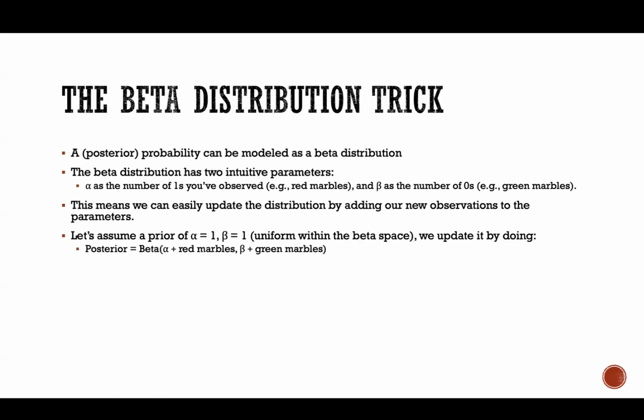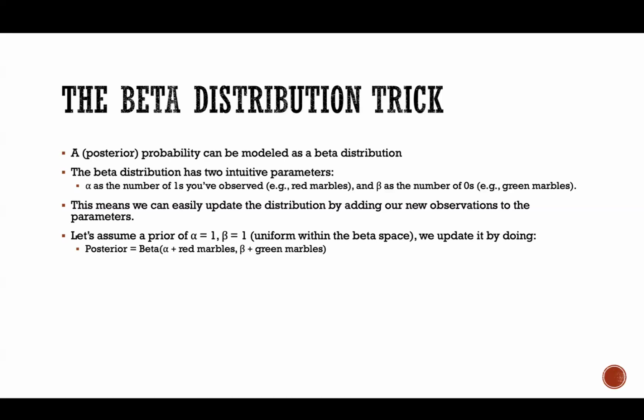So if we assume a prior alpha of 1 and a prior beta of 1, uniform, we don't know anything before we start. We simply update it by saying the posterior is equal to the beta distribution with 2 parameters. The posterior alpha is given by the previous alpha plus the red marbles, and the posterior beta is given by the prior beta plus the green marbles.